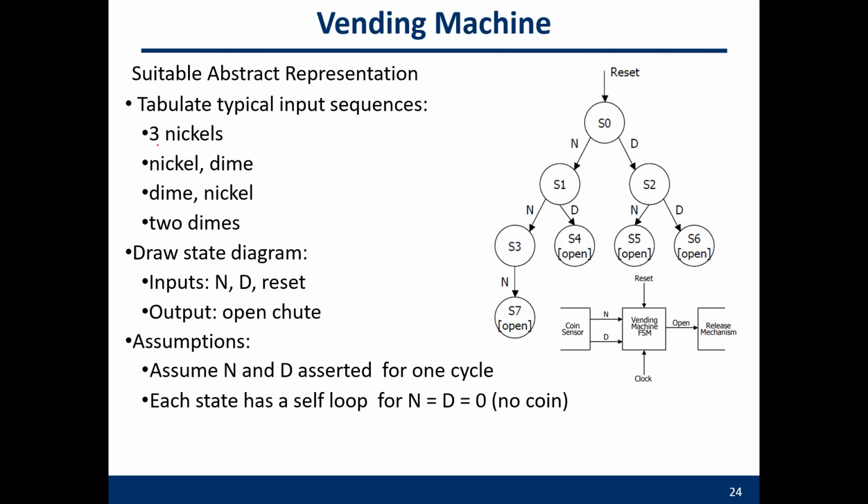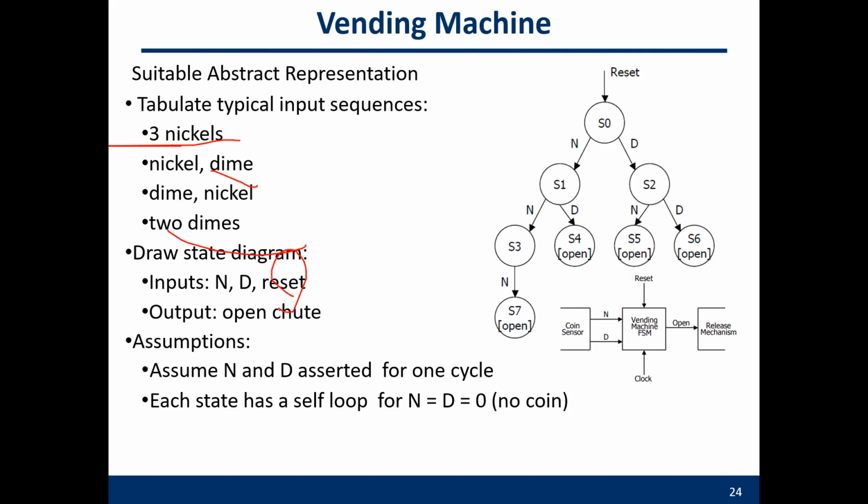We have 2 types of input. One is a nickel, the other is a dime. We can have 3 nickels, 1 dime and 1 nickel, 1 nickel and 1 dime, or 2 dimes. The input is N, D, and reset. We always have the reset signal here.